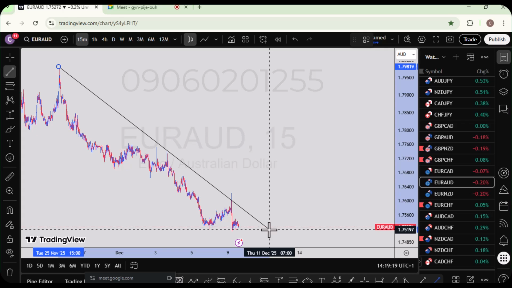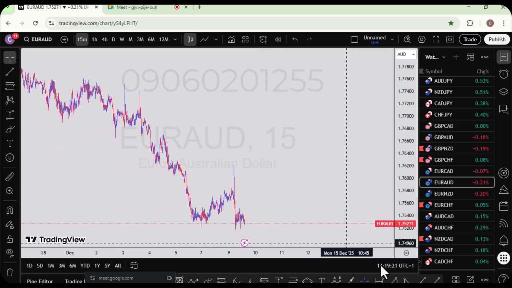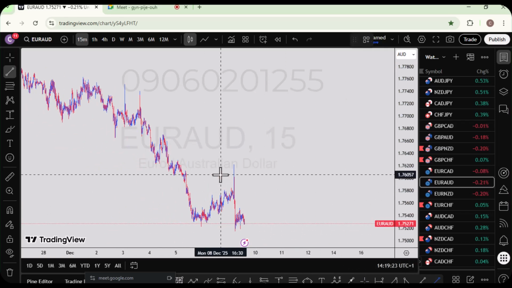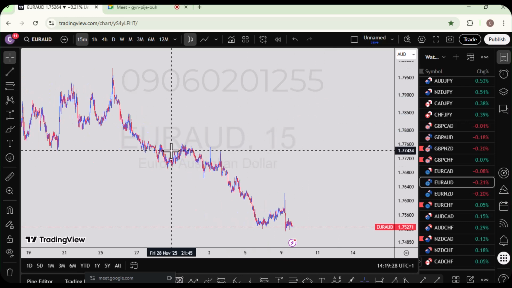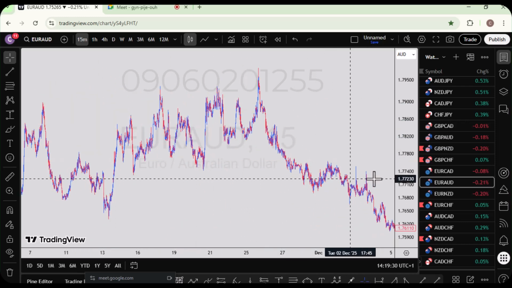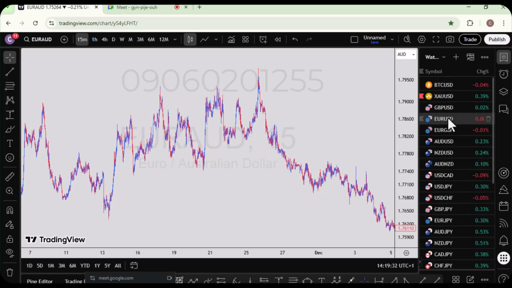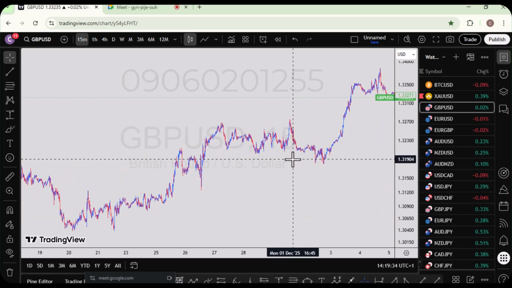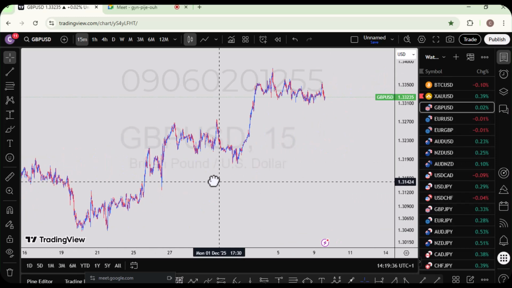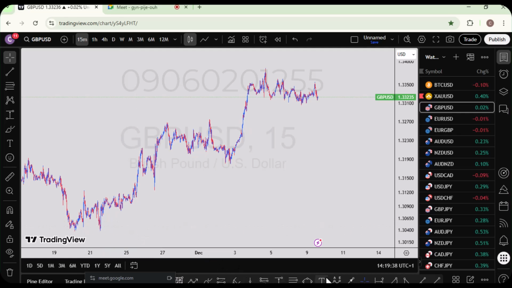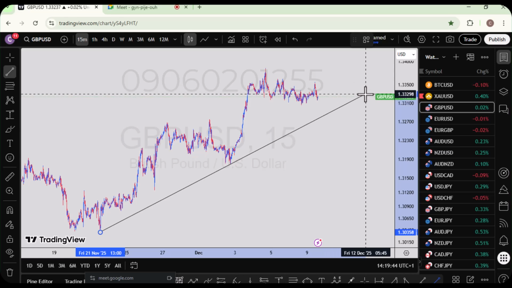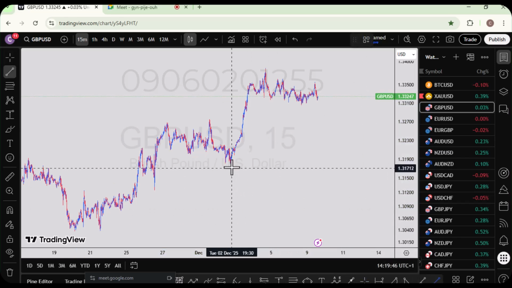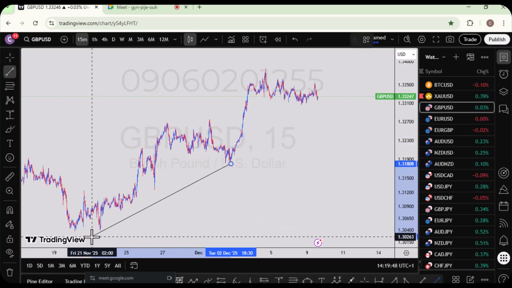No, you can't just say, oh, this is a trend line. You are wrong. Now, for you to construct a trend line, I do advise traders to start from the front all the way back. Normally, some traders would rather construct their trend line like this. For example, you want to construct a trend line right there. Some traders will start their trend line from this level and then do it all the way to the front. It is wrong. You connect your trend line from the front all the way back.